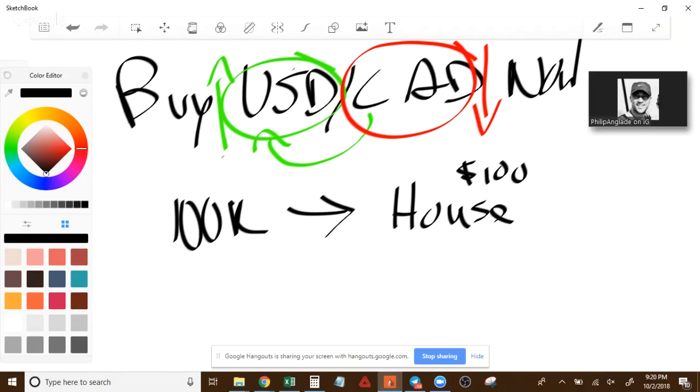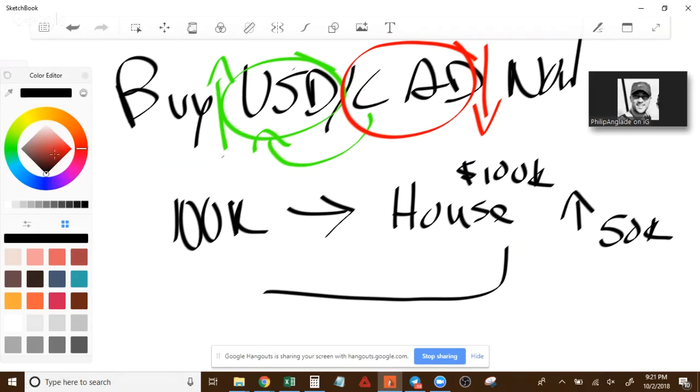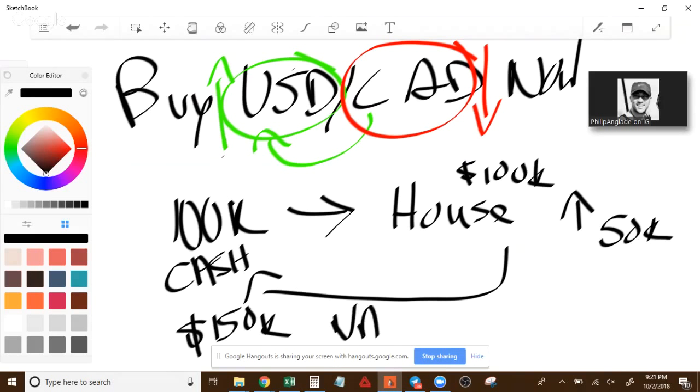Now that house goes up in value $50,000 because there's a school built next to it, a mall, and a whole bunch of other stuff. And then you convert it back to cash. Now you have $150,000. It's not like you did any work. It's just the value.